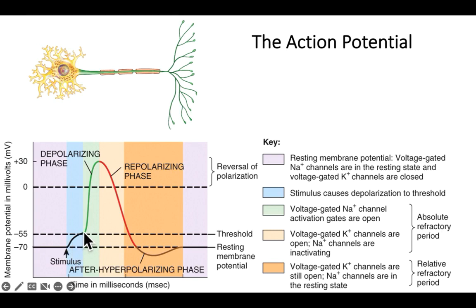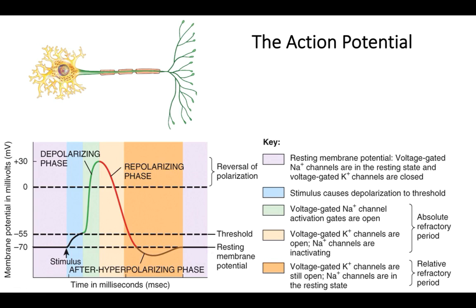The moment you get to threshold, notice the green phase here is when the sodium channels are open. Then you get to that +30, they close, and then this yellow phase is when you have opening of the potassium channels. And sometimes you get this hyperpolarizing event, and then we get back to resting membrane potential.